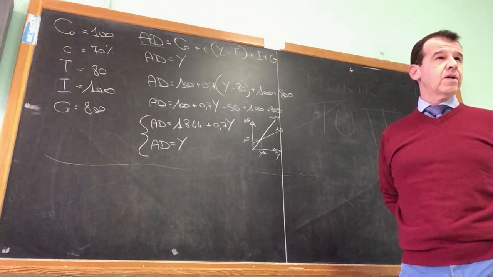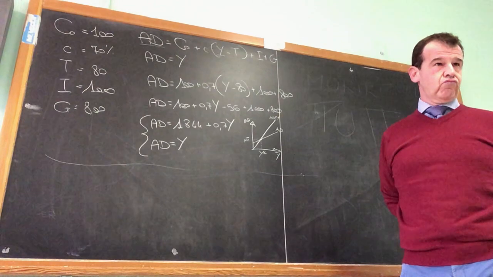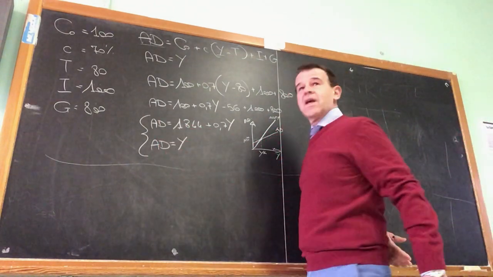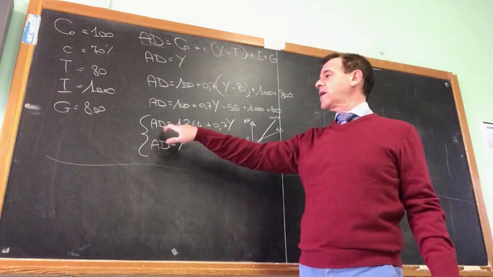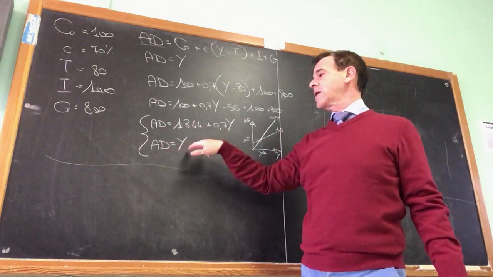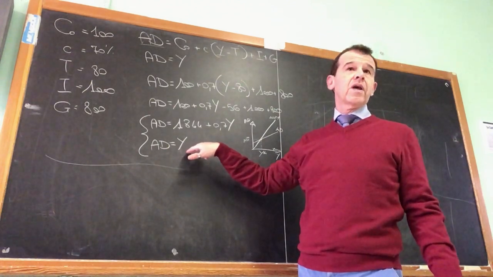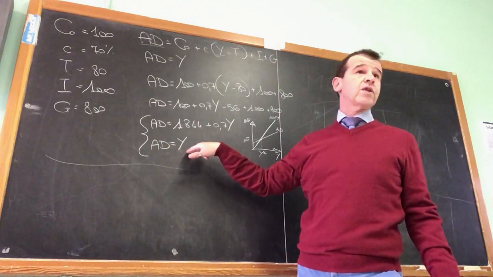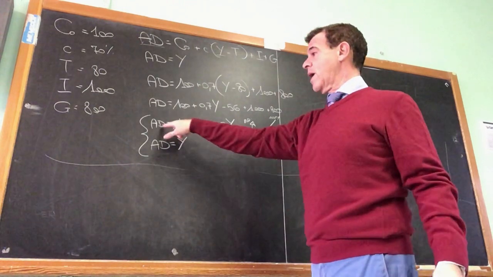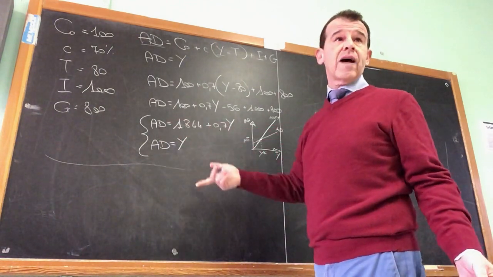Very clear up to here? Right? It's quite easy to see that since we have aggregate demand equal to this and aggregate demand equal to y, we solve the system by substitution, right? We simply write y instead of aggregate demand.